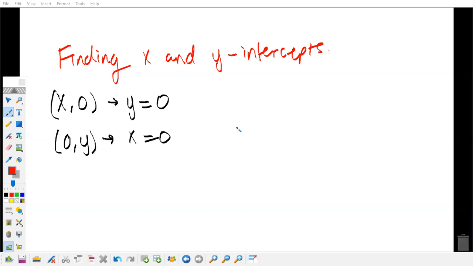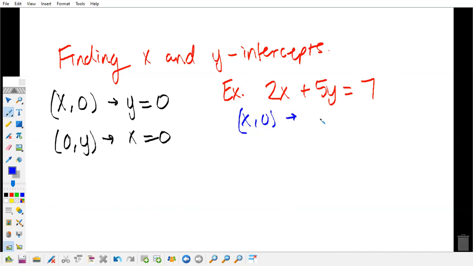Okay. So for example, if I had a problem in standard form, let's say we have 2x plus 5y equals 7. And I asked you, what are your intercepts? Define your x-intercept. So to find my x-intercept, I'm going to do what? Make the y 0.